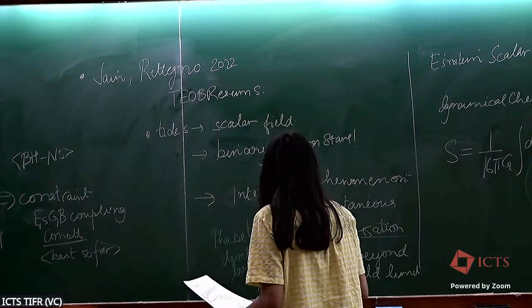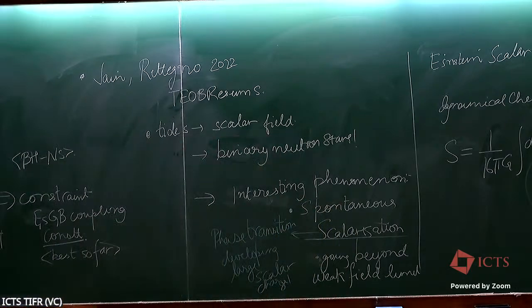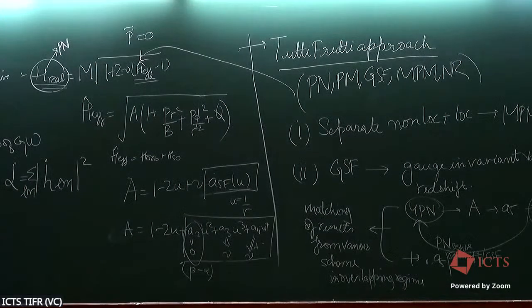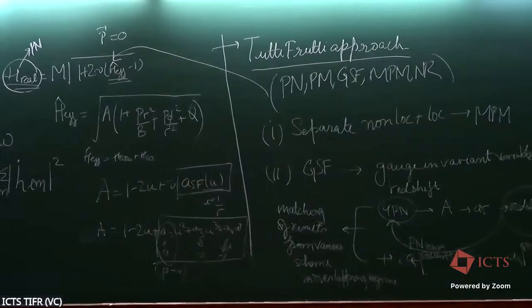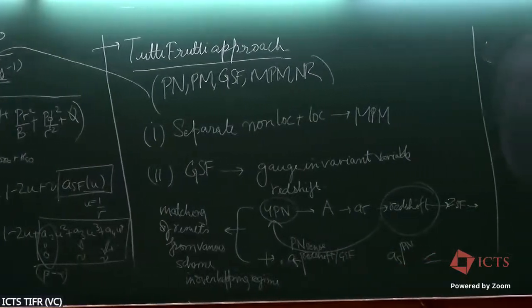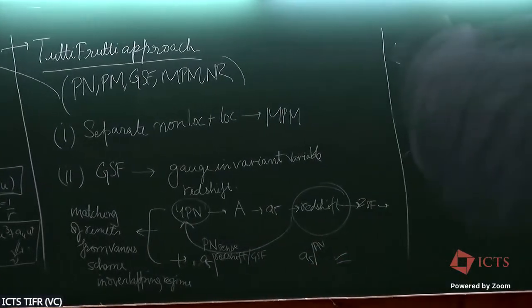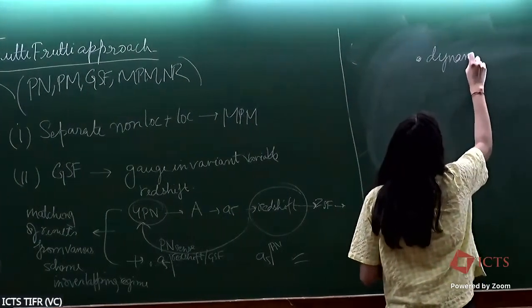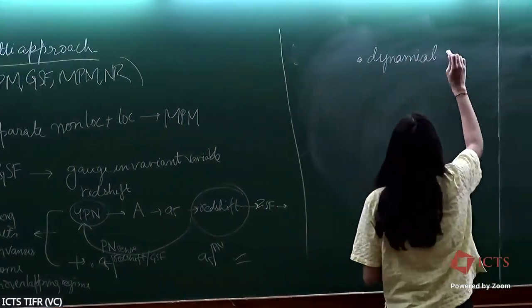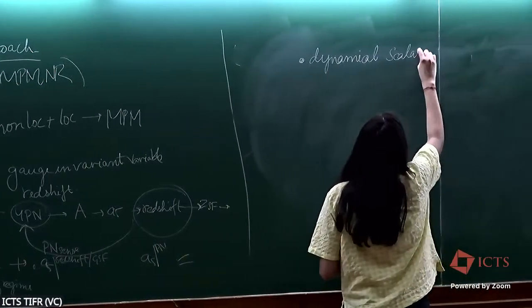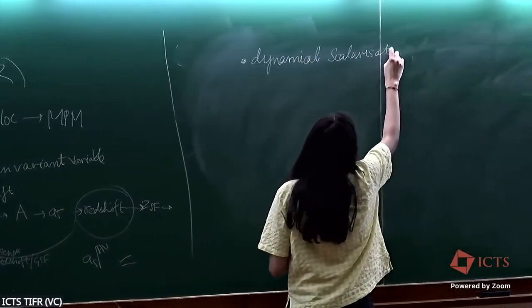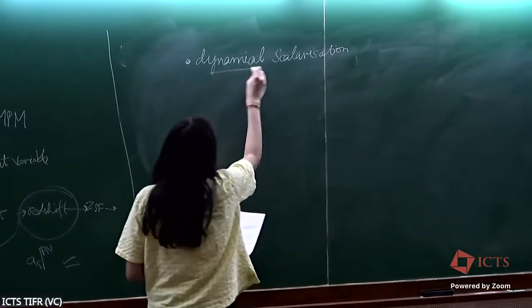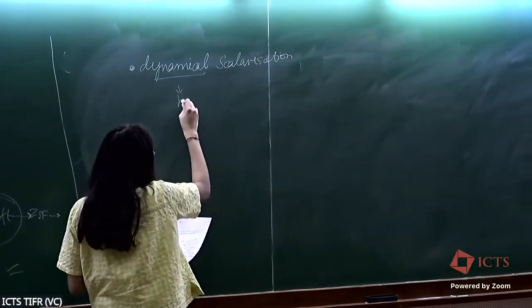In addition to spontaneous scalarization, there is another interesting thing that can happen for binaries, which is dynamical scalarization. It is a phase transition happening because of the presence of the secondary object in binaries.